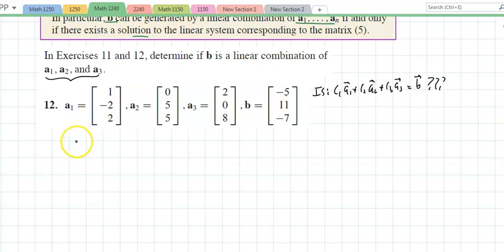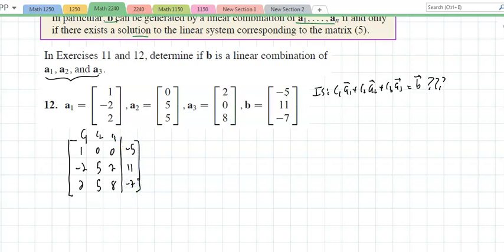And the way it works, you would start with negative 1, negative 2, 2, that's C1, 0, 5, 5, that's C2, 0, 2, 8, that's C3, and again there I'll put a line, the augmented matrix. I solve this equation. If I can get a solution, that means there is a C1, C2, and C3 that would work that way.